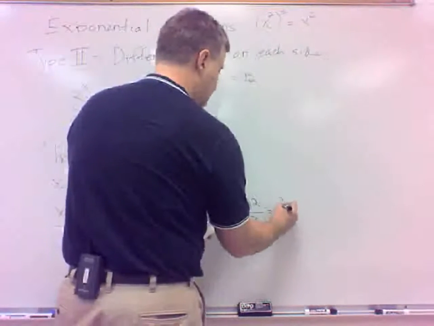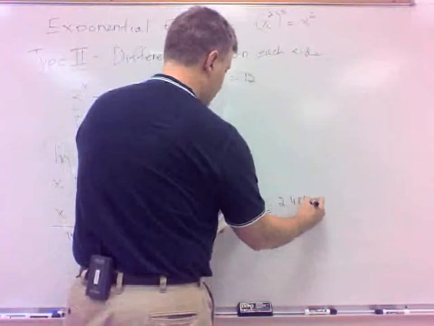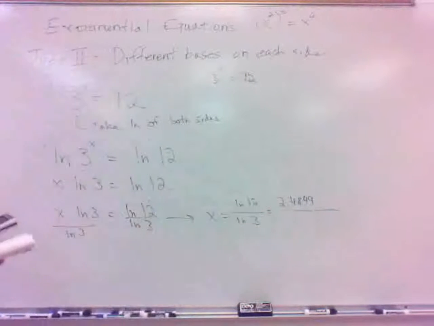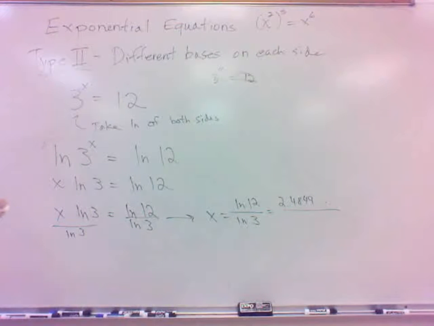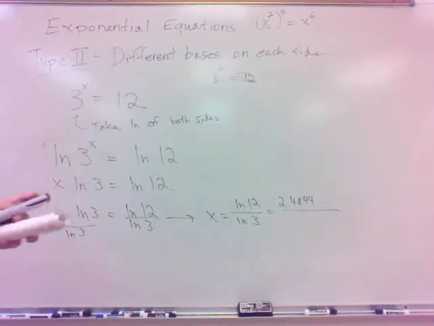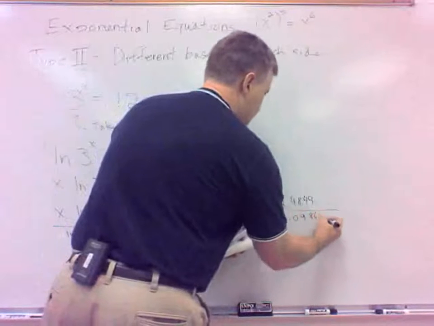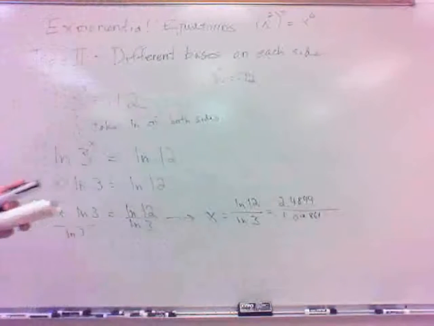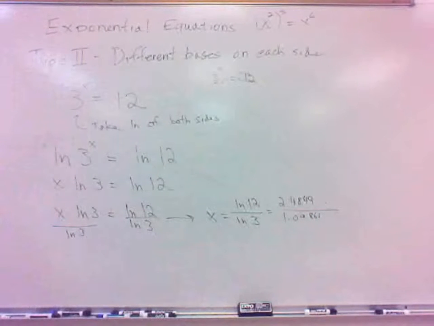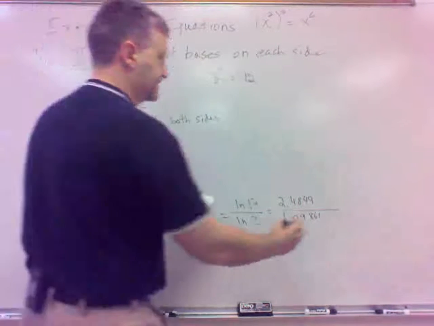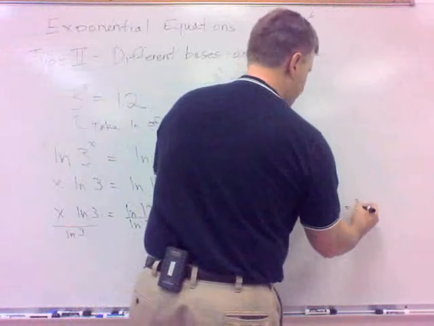You don't have to write these out, but just to show you, take the ln of 12, then divide that by ln of 3. That's 1.09861, and so on. So ln of 12 divided by ln of 3 should get 2.26185.